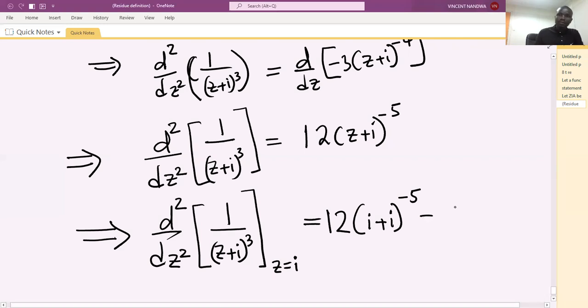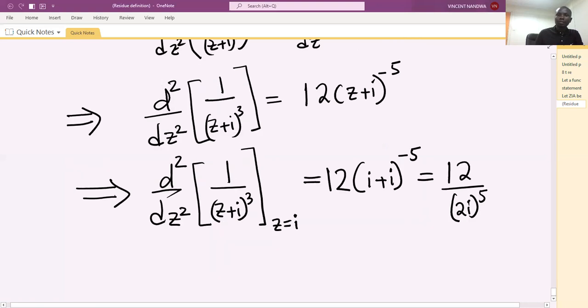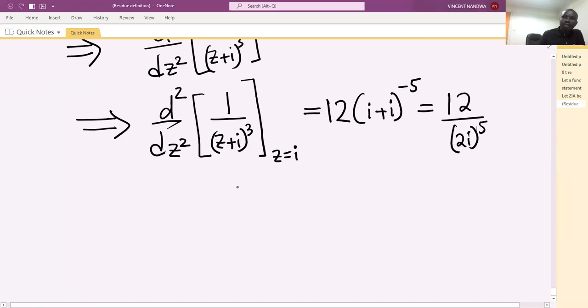So that's the same as 12 over 2i power 5. Now that will give us 12 over 2 power 5, and then times i power 5.